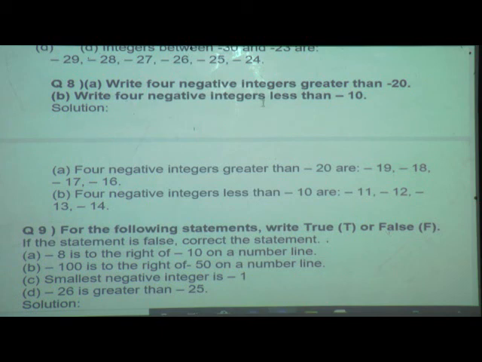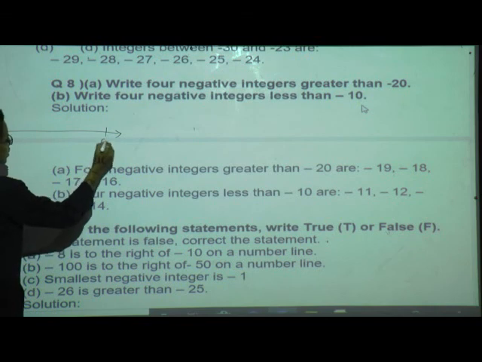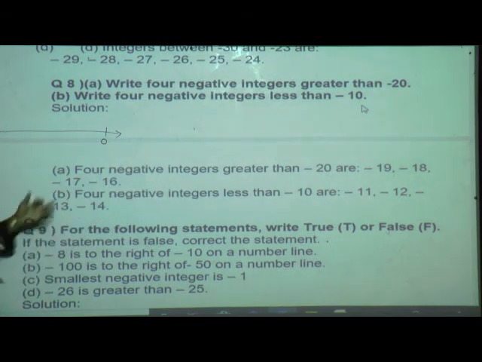Write 4 negative integers less than minus 10. Again, we need to draw a number line. This is the 0, this side we have the positive numbers, and this side we have the negative numbers.